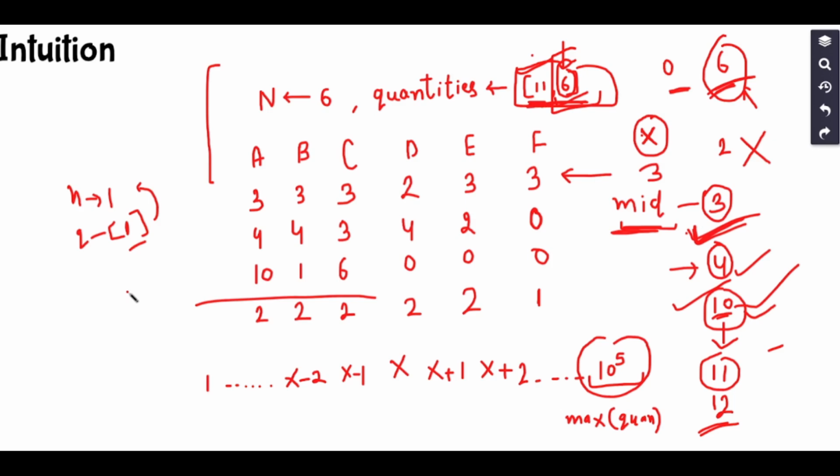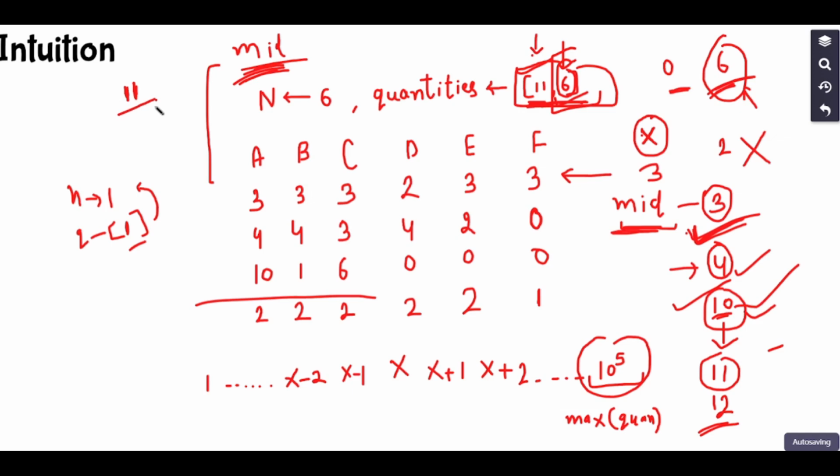I will simply iterate over the quantities of each product. Let's say the very first product has quantity 11. Then if I can't exceed mid, to how many stores can I distribute this product, such that the quantity delivered to each store must not exceed this mid?